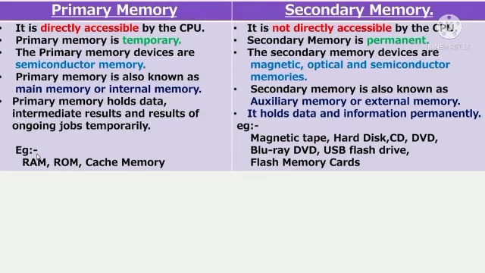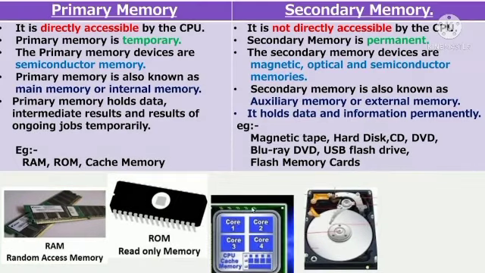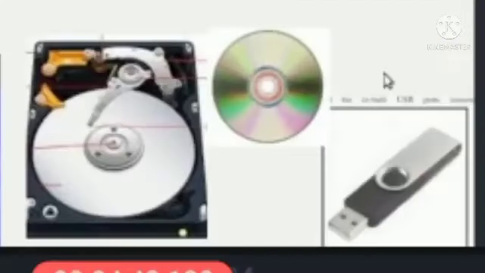The examples of secondary memory include magnetic tape, hard disk, CD, DVD, Blu-ray disc, USB flash drive and flash memory cards. These are some of the examples of primary and secondary memory. This is random access memory. See the picture of ROM, RAM, then cache memory, and some of the secondary storage devices.